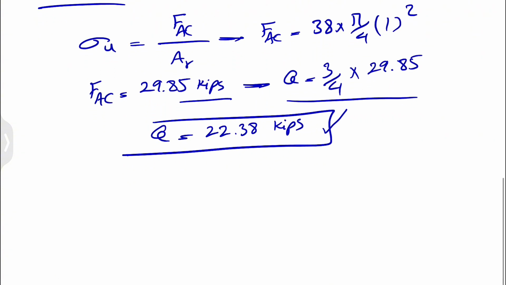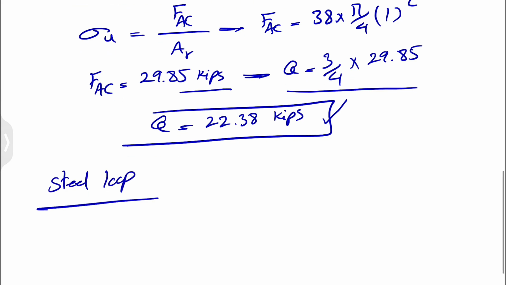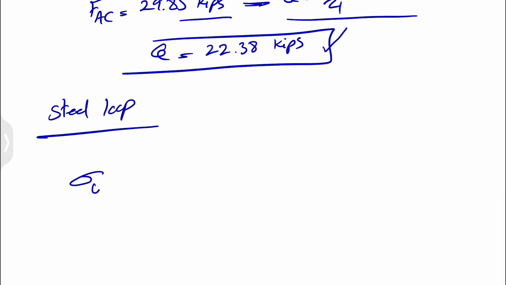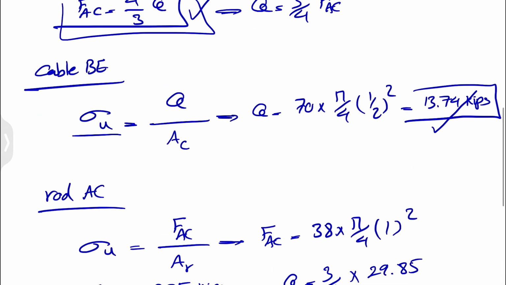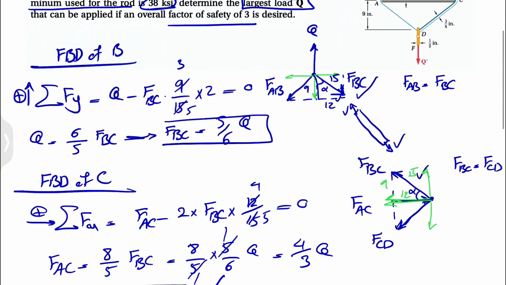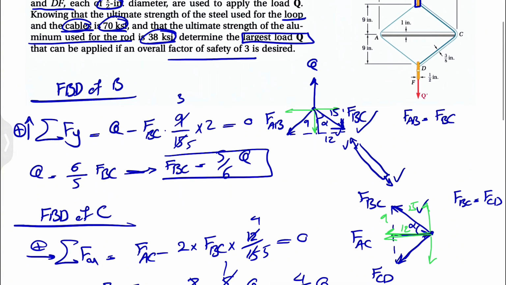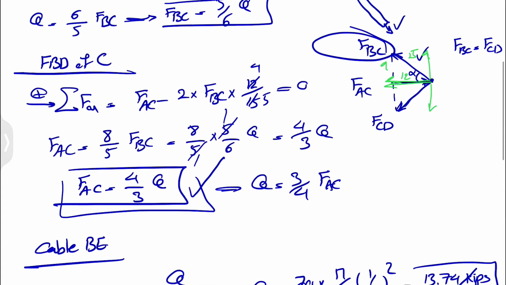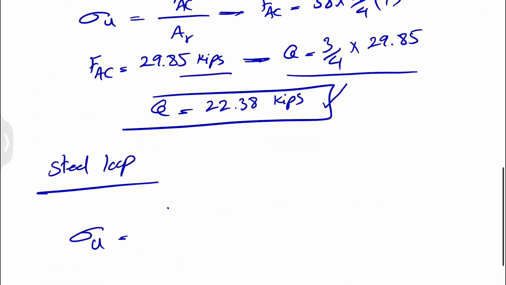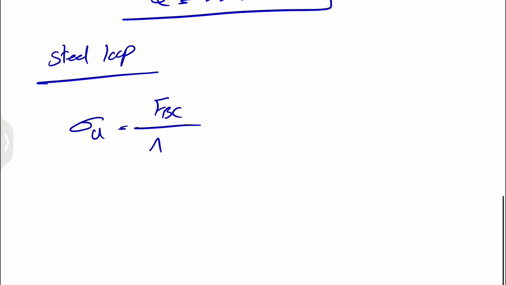But we have one more thing to check, and that would be the steel loop. And same thing, we have the ultimate strength is equal to the force in the loop, which we found is the FBC. So we're going to have FBC over the area of the loop, AL.